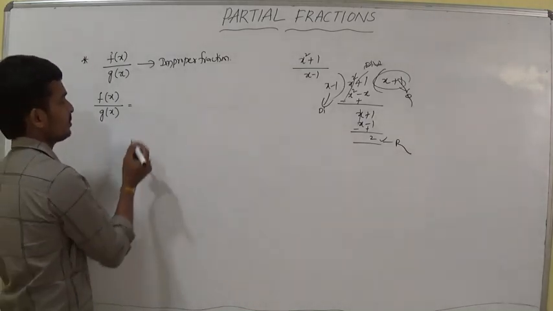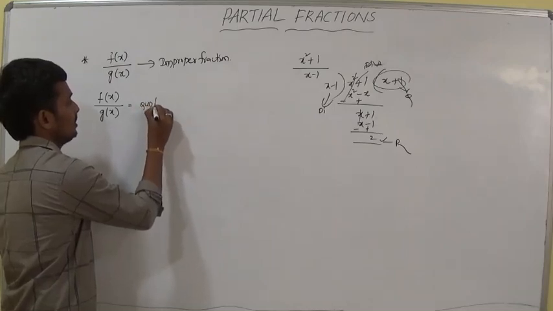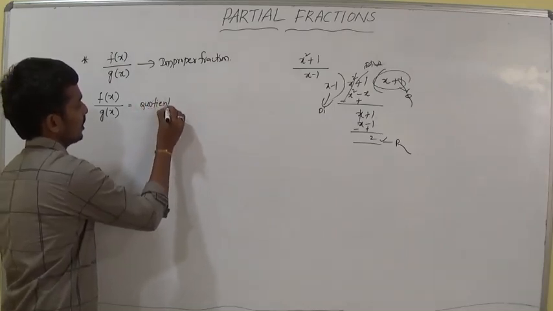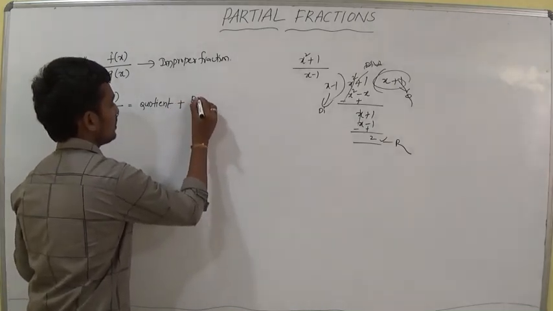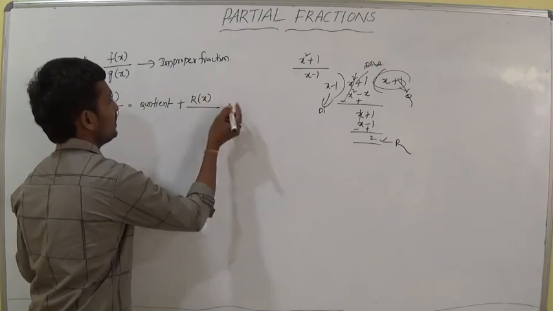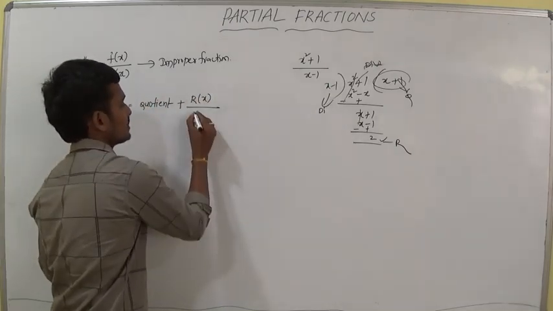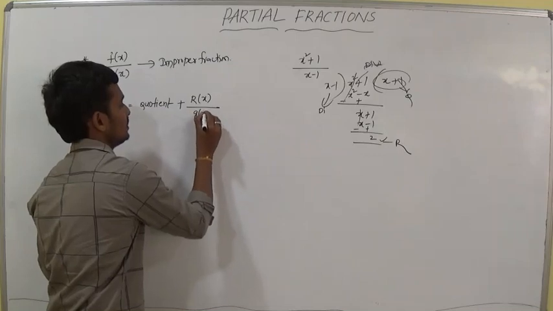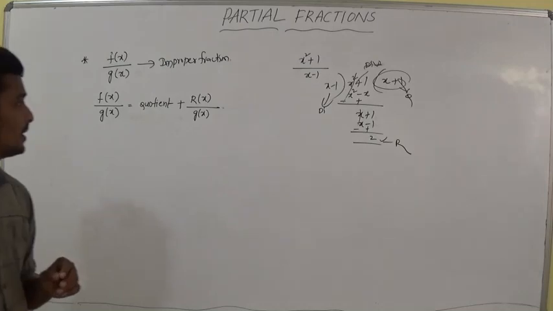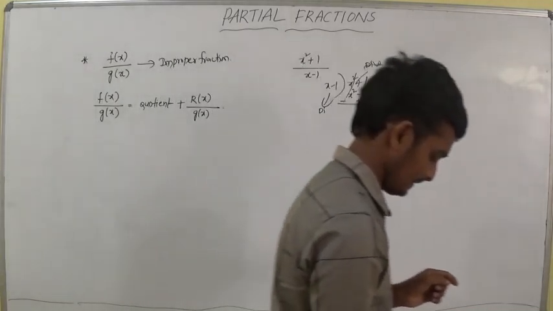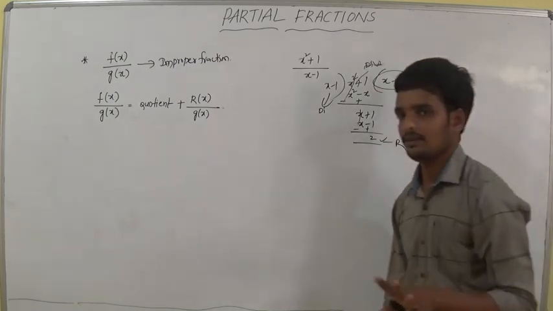First of all, you are getting the quotient. Quotient you are writing completely. Quotient plus remainder r of x by, what is that? The function we are dividing, g of x. So that is g of x. Try to understand this. That is very easy. Nothing difficult.